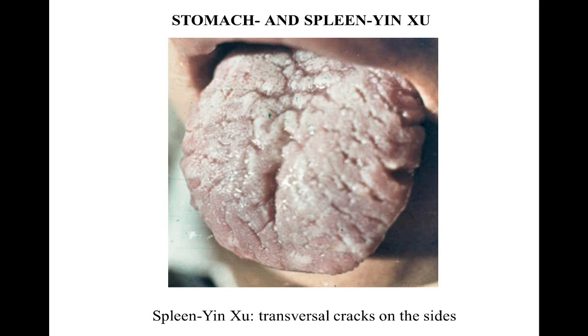But Spleen-Yin deficiency, when it occurs, is always in conjunction with Stomach-Yin deficiency. And this tongue shows it very clearly, the conjunction of the two: Stomach-Yin deficiency because of the cracks in the middle, and Spleen-Yin deficiency because of the transversal cracks on the sides. Central Mention treats Spleen-Yin deficiency, and so does Harmonize the Centre.